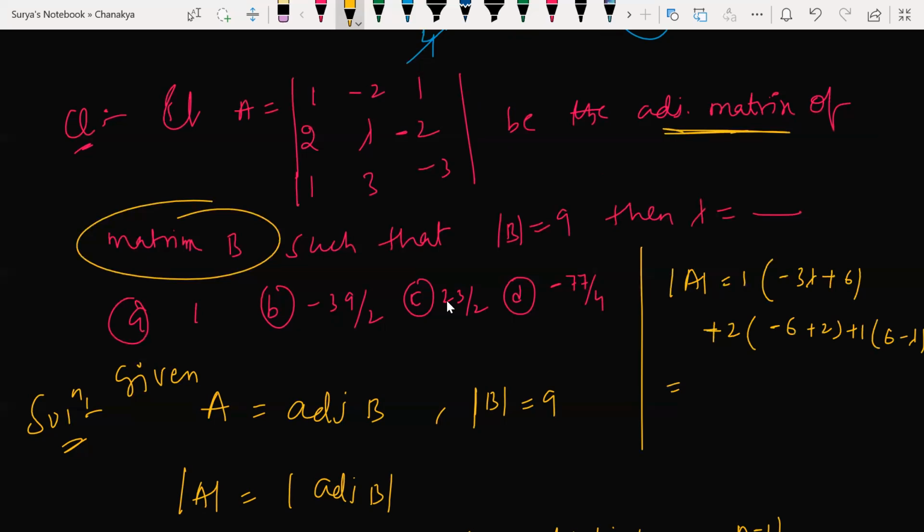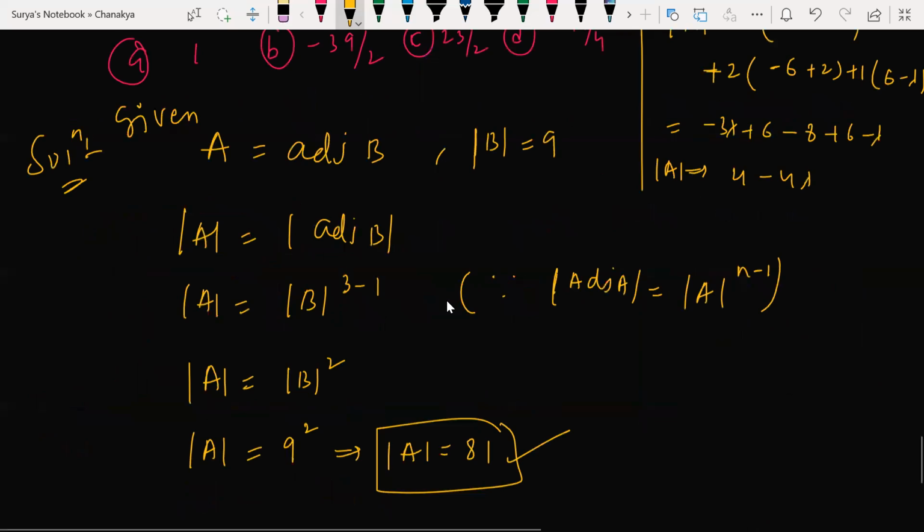So minus 3 lambda plus 6 minus 4, so minus 8, plus 6 minus lambda. So 12 minus 8, 4. 4 minus 4 lambda. This is my determinant of A. So determinant of A is 4 minus 4 lambda, correct?